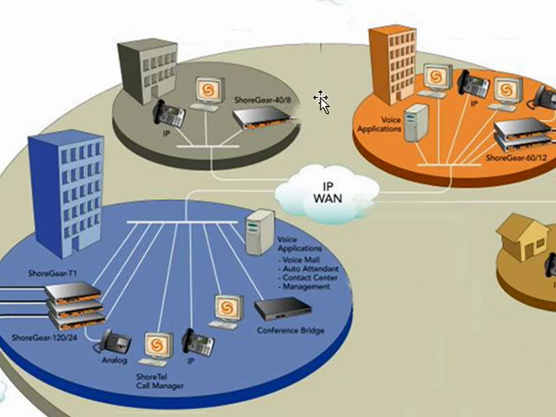This ShoreTel beautiful architecture, it's a single image solution for 3 sites, but let's understand that there can only be one place to make changes in the database. The change is made here and then it's replicated to the distributed voicemail server, the application server out here, but the change is actually made only on the headquarters server.